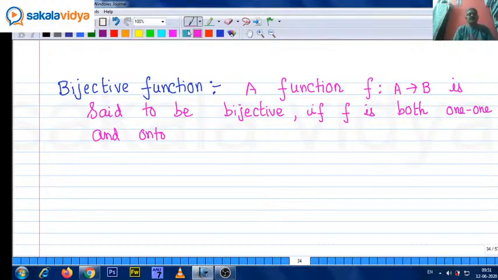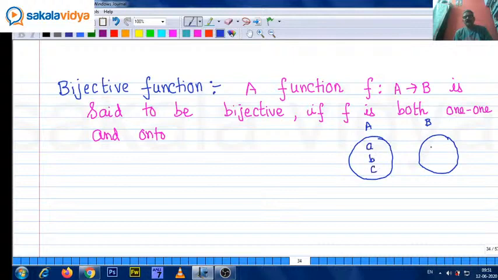So now let me write one example here. I will discuss examples and problems later, don't worry. For example, say this is A, B, C and 1, 2, 3. A to 1, B to 2, C to 3. Say this is f. First you observe this: distinct elements of A are associated with distinct elements of B. So it is 1 to 1.